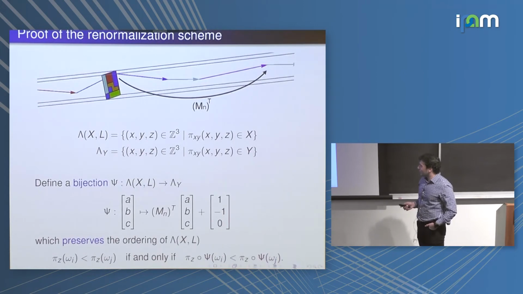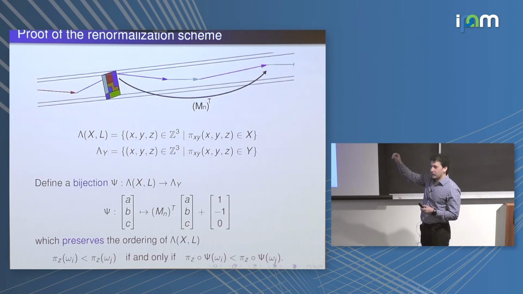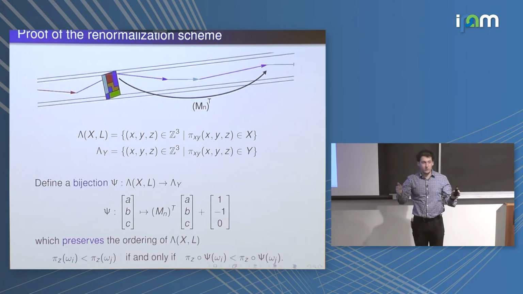Okay. So I want to make a few comments about the proof. And the proof uses the algebraic structure of this lattice. So just to remind you, lambda of x are the set of lattice points which lie in our window that we can see through x.